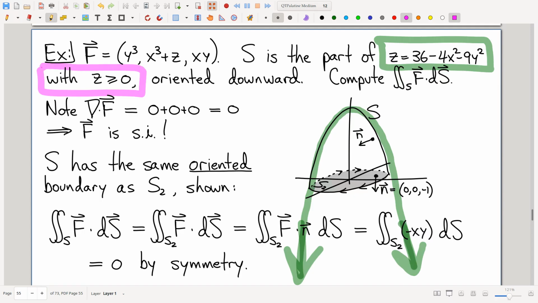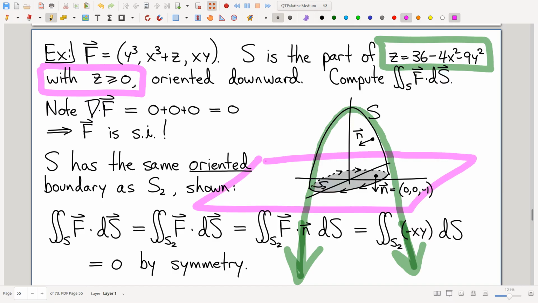This says, I want just the part of that where z is positive, or non-negative. So that says I'm going to look at the xy plane, I'm going to look at everything on or above the xy plane. That's the part of the paraboloid that I want.